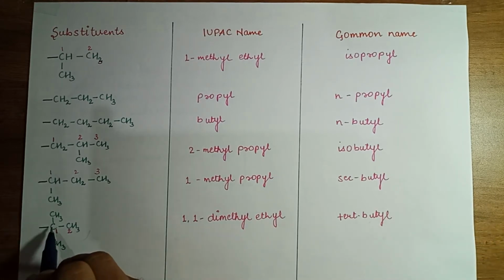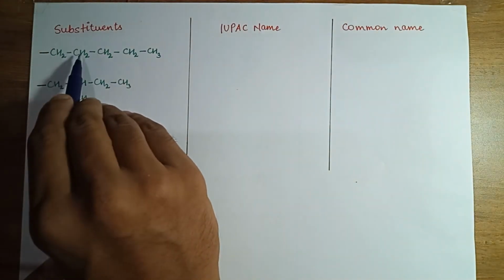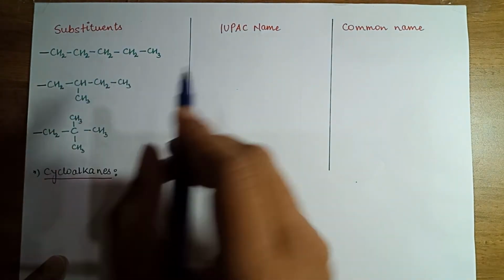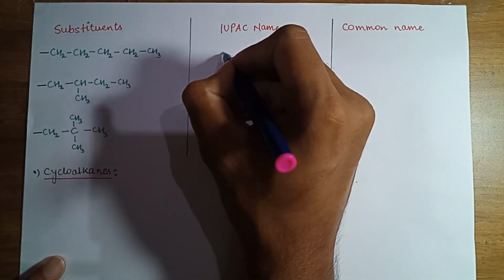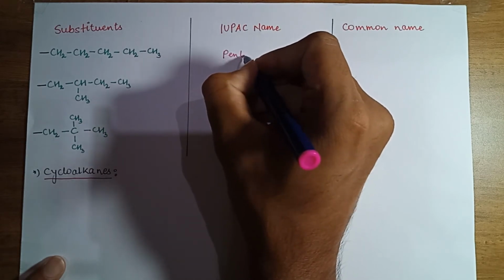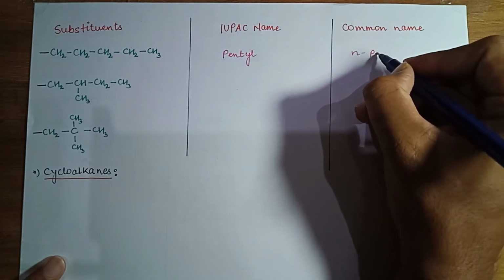Why tertiary butyl? Carbon which is attached to the main carbon, it is attached with 3 other carbon, so tertiary butyl. The next is 1 2 3 4 5, so it is simple, that is pentyl. Common name normal pentyl.